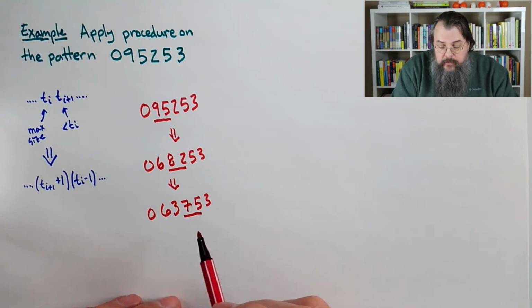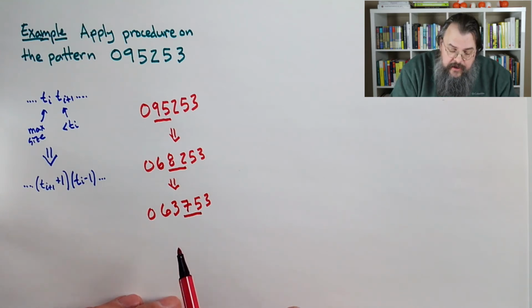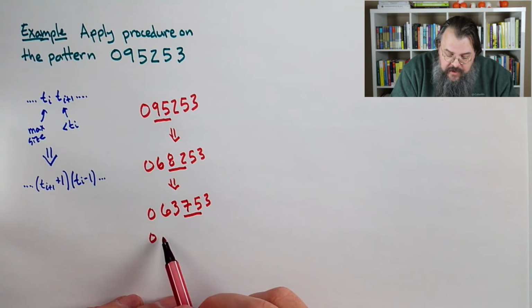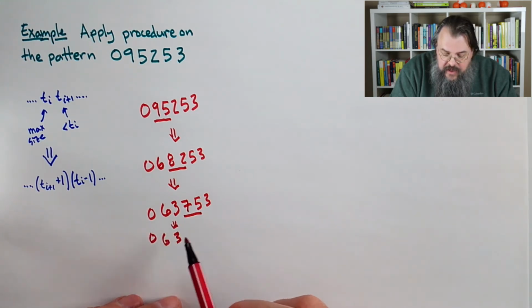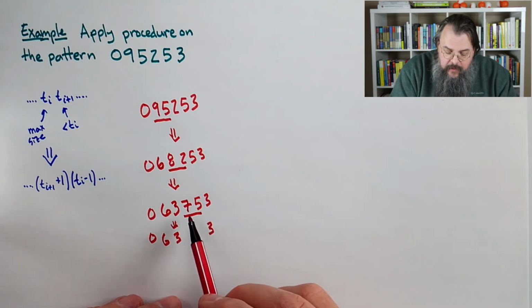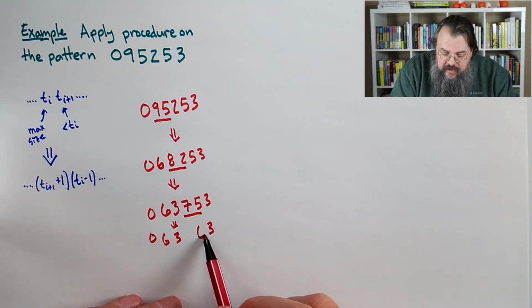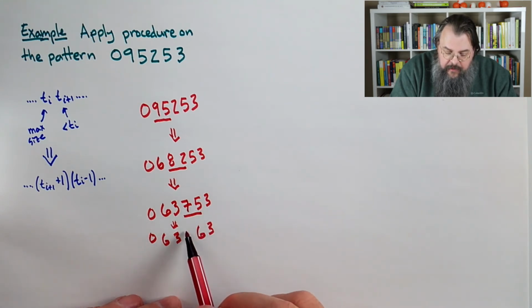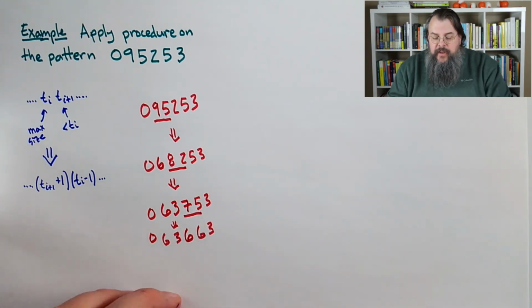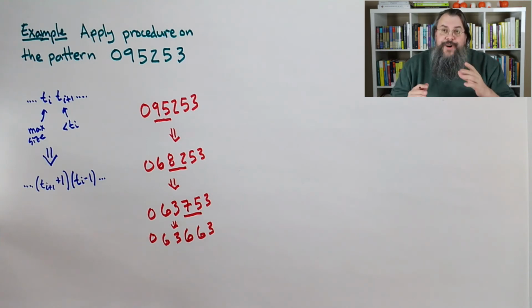Okay, so what happens? Well, here, the other numbers don't change. So we have 0, 6, 3, and 3. And what happens? Well, 7 goes down by 1, 6, 5 goes up by 1, 6. All right, good. Progress, progress.